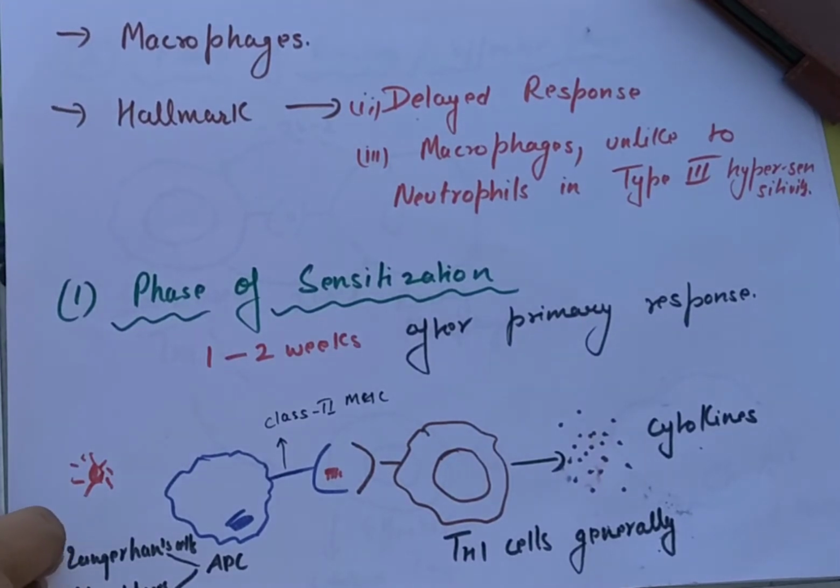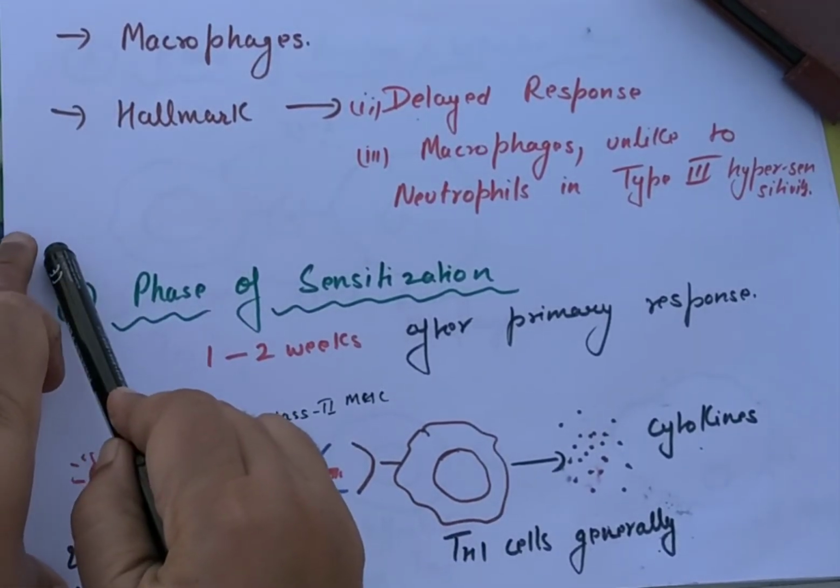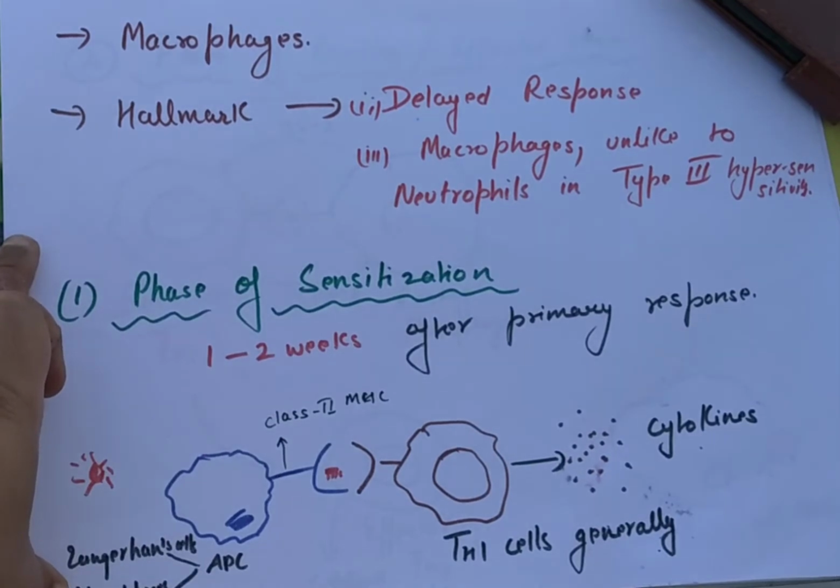Besides Th cells, the other cells involved in type 4 are macrophages. So, if somebody asks you what the hallmarks of type 4 hypersensitivity are, besides T cells and no antibody, there are two other hallmarks. First, it is a delayed response.